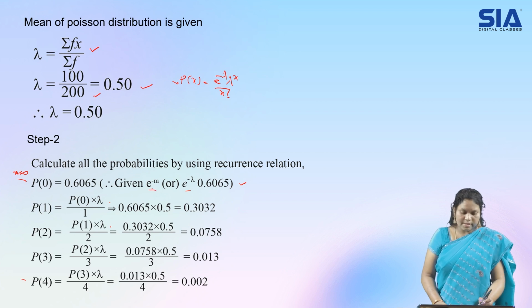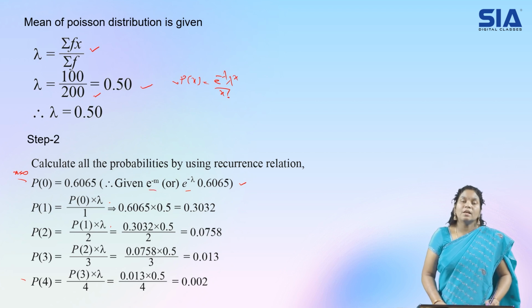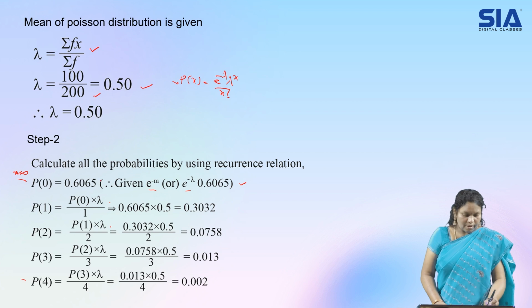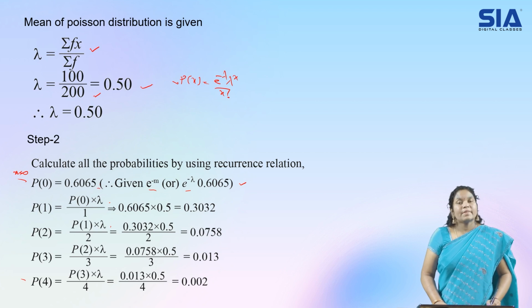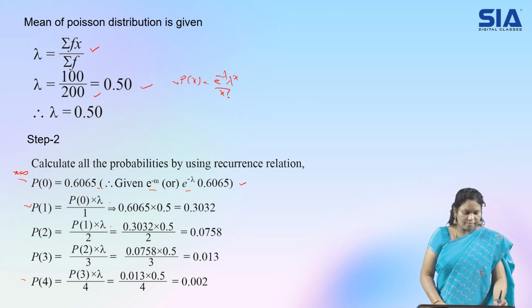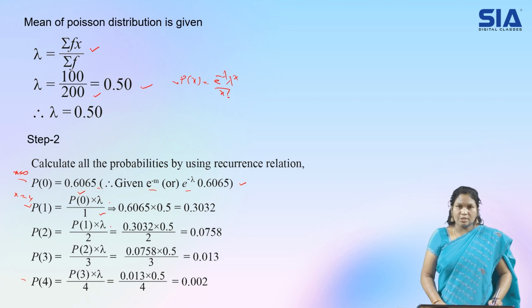So e power minus m they have given, right? That is the first value, and I have considered it here directly. Now I'll utilize that to obtain all other values. Next, p of 1: x is equal to 1, the probability p of 1 is equal to p of 0 into lambda by 1, which becomes the recurrence relation formula.